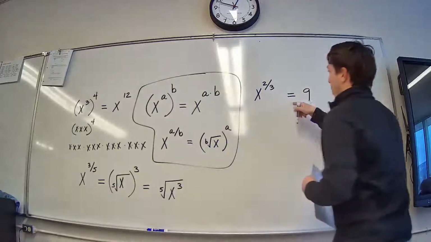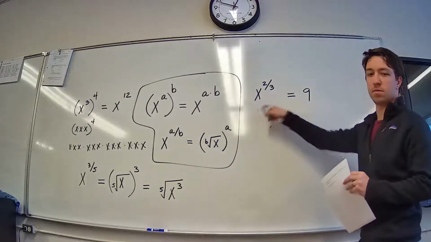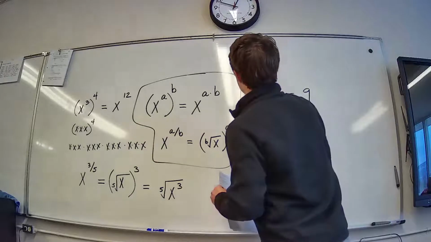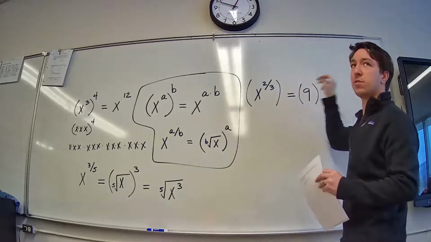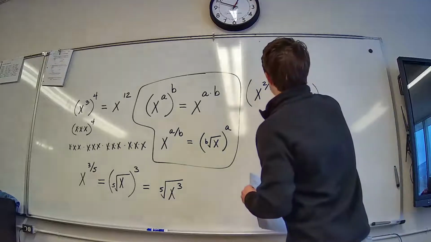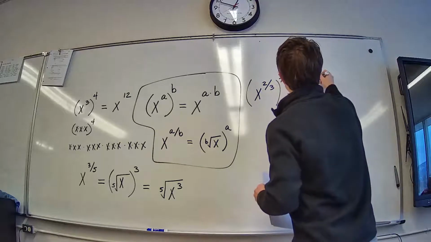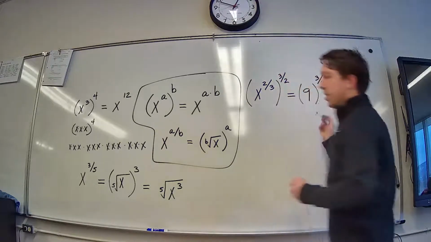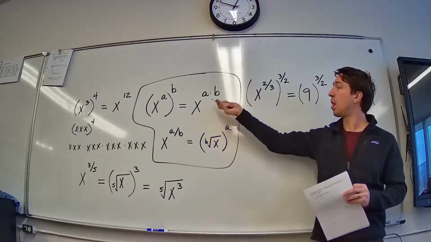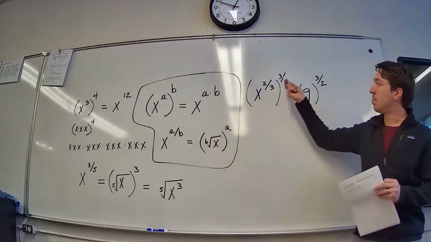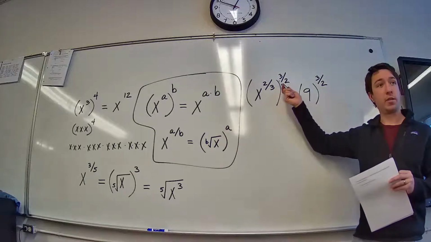So what am I going to do to both sides of the equation? Not multiply, we're going to raise both sides to the 3/2 power. So why do that? Well, this property tells me that these exponents are going to multiply each other, right?